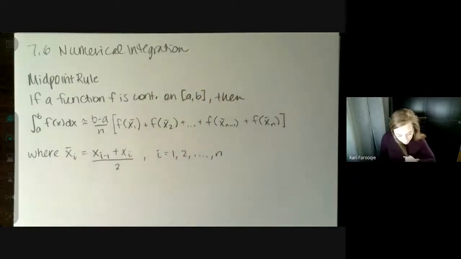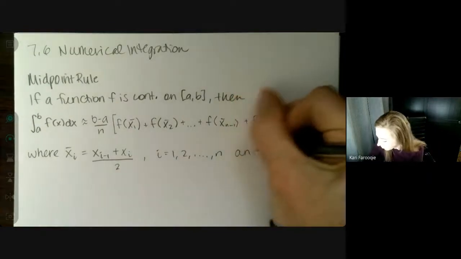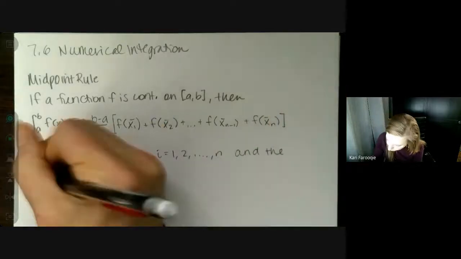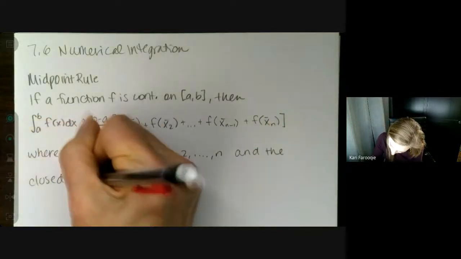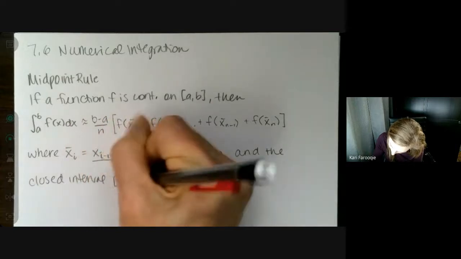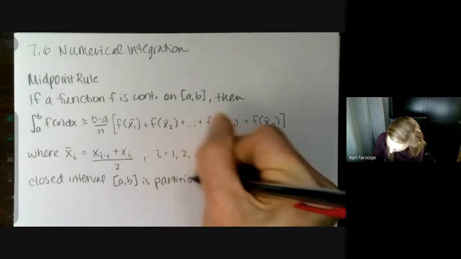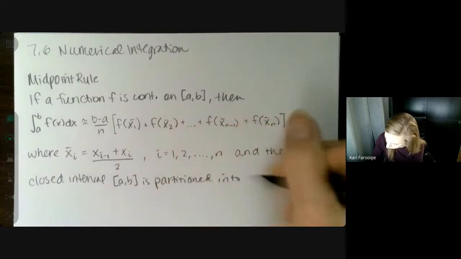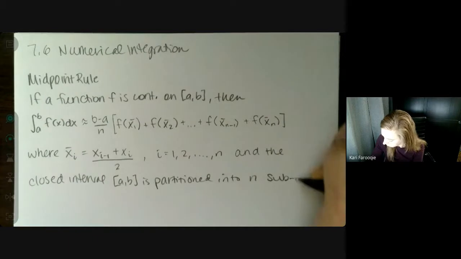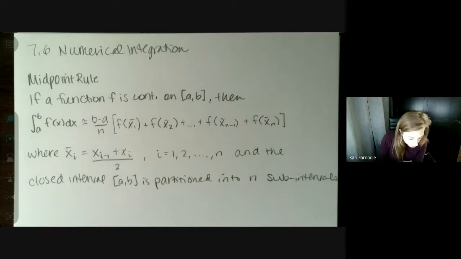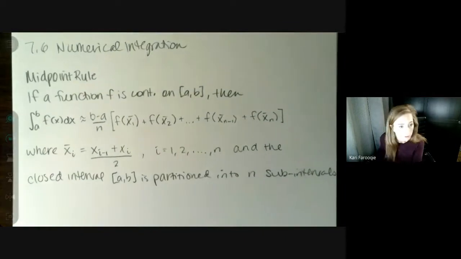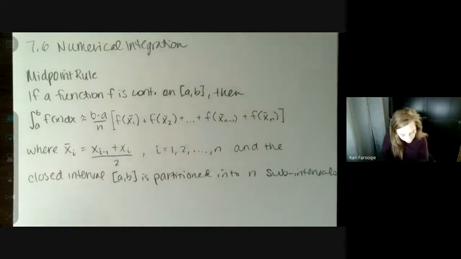And the closed interval from a to b is partitioned into n subintervals. Subintervals is technically one word. It's technically not hyphenated, but I hyphenated it, but that's all right.